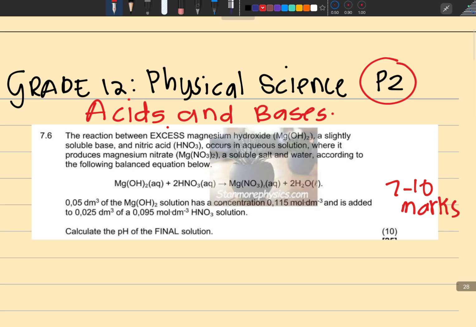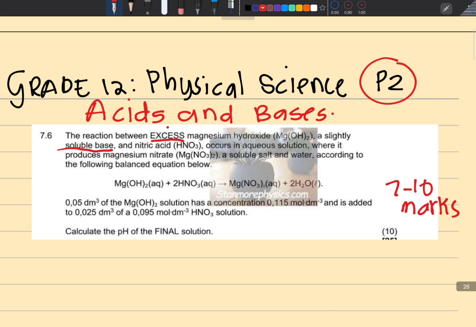So we have the reaction between excess magnesium hydroxide, Mg(OH)2. It is a slightly soluble base, meaning whenever it is in water, it is going to dissociate into ions.